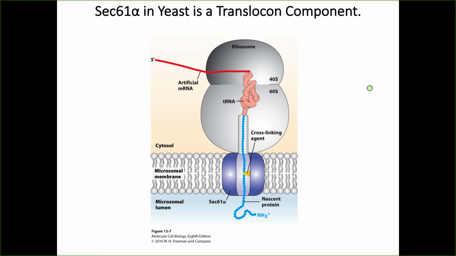In the middle portion you have a lysine residue, and you allow translation to happen, with the Sec61 alpha in the in vitro mixture as well, and the protein is getting passed into this structure.